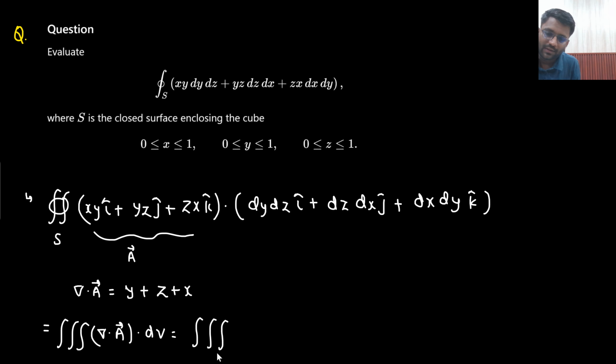So over the volume V, you need to calculate x plus y plus z dx dy dz. What is your closed surface? It is simply a cube. So this is what we are supposed to calculate: x plus y plus z dx dy dz. And it is very simple. What you need to do?